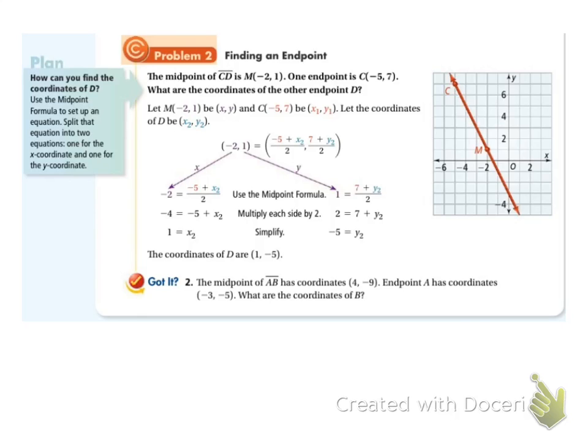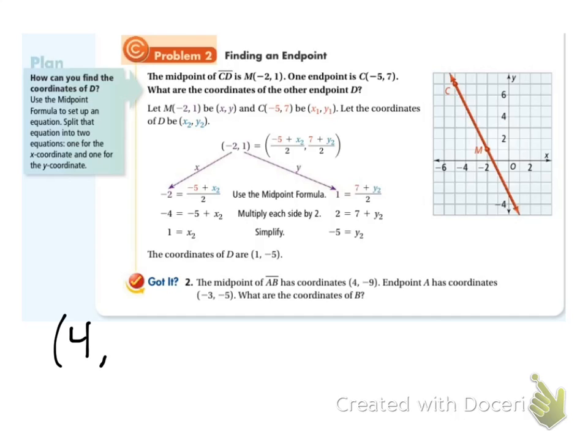Okay, we can also find an endpoint using that same formula. So if I'm told that the midpoint of AB has coordinates 4, -9, and I'm given one of the endpoints, which is -3, -5, I can find the coordinates of the other endpoint.